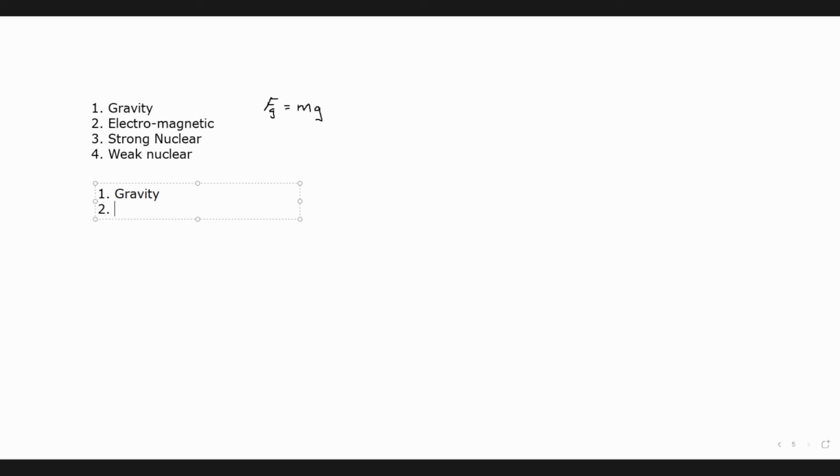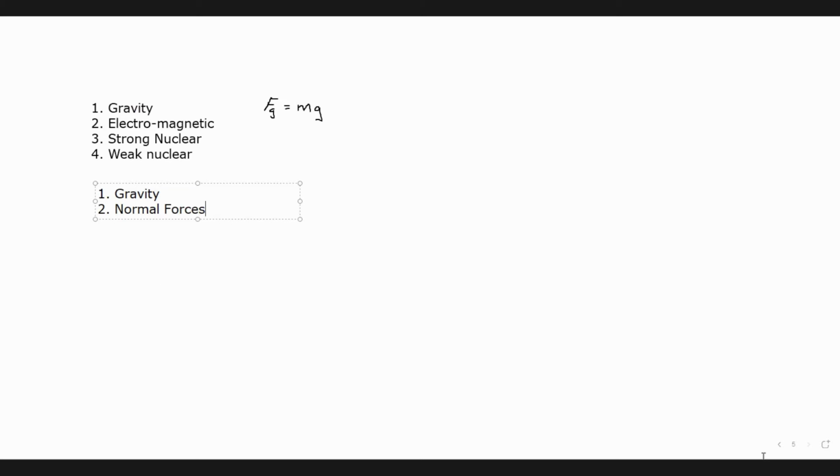The second kind of force we're going to classify are normal forces. Now, I don't mean normal as in ordinary or not fancy. I mean normal as in right angles. So the normal forces always act at right angles to the surface of contact.